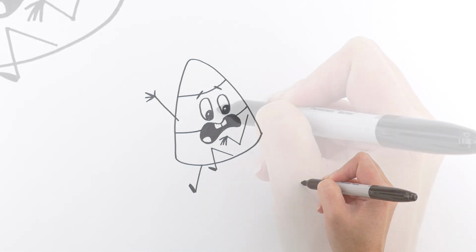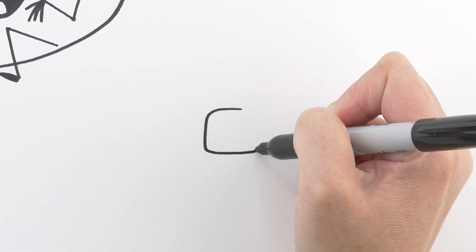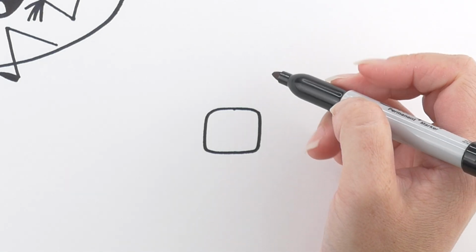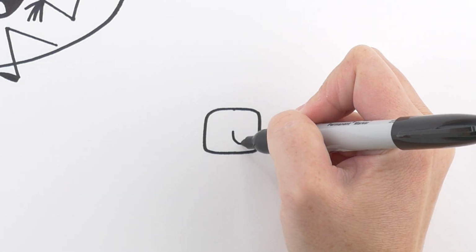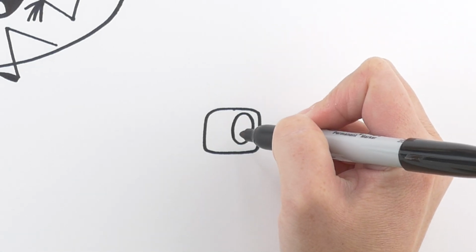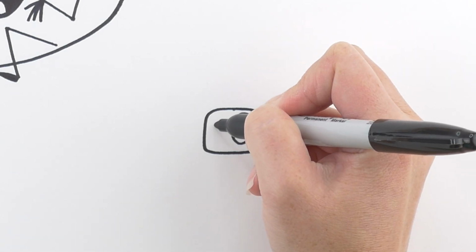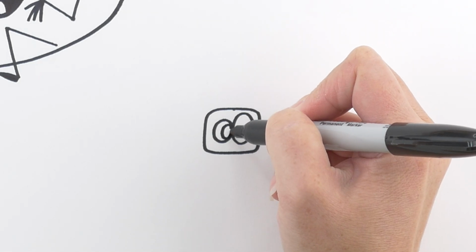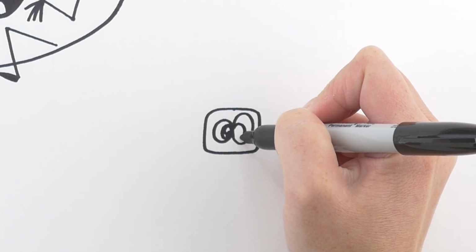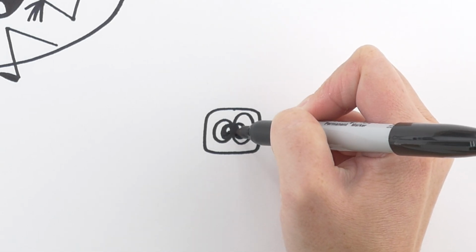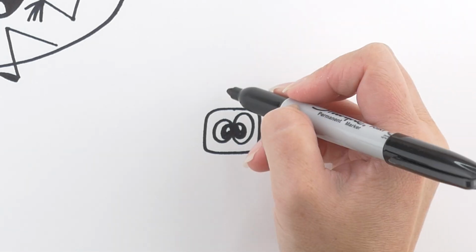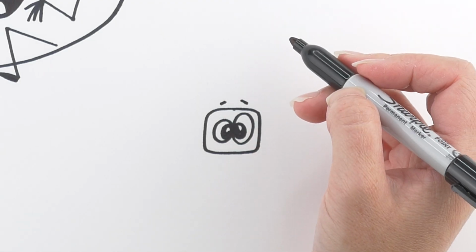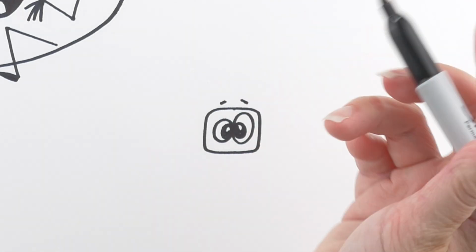All right, so we'll just start off by drawing a square. One pretty big oval, and then one slightly smaller, with two pupils, one and two. Two eyebrows up top. And we want our spider to be going like, I don't know.